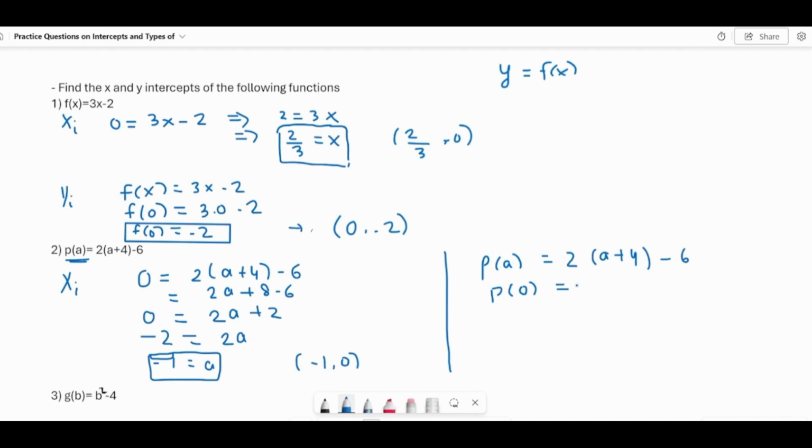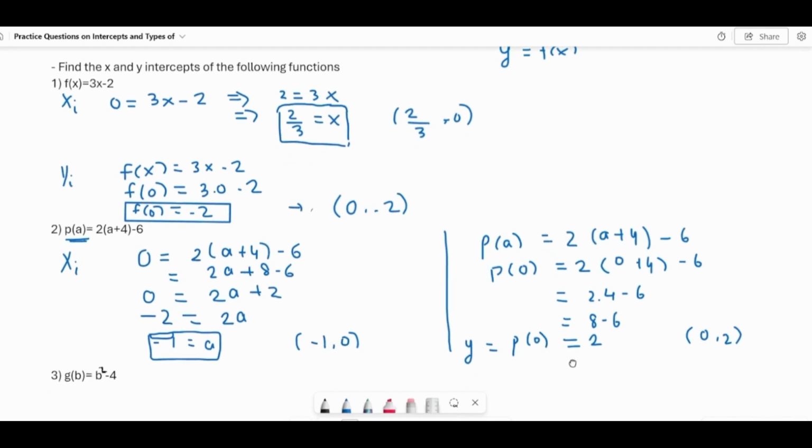So p of 0 will be 2 times (0 plus 4) minus 6. That gives us 2 times 4 minus 6, and that is equal to 8 minus 6, which gives us 2. That means p of 0, or basically your y-intercept, is equal to 2. And if we have to write it in ordered pair form, then it would be 0, comma 2.